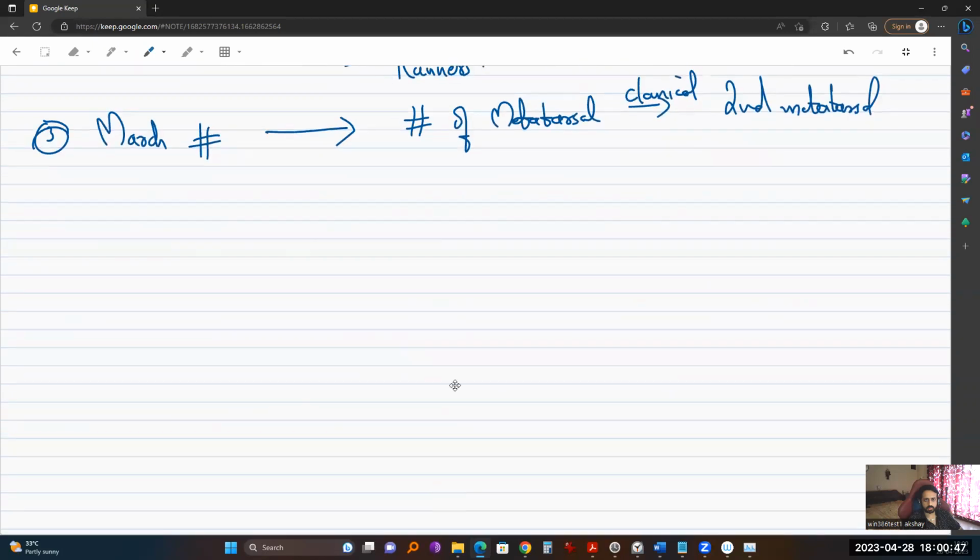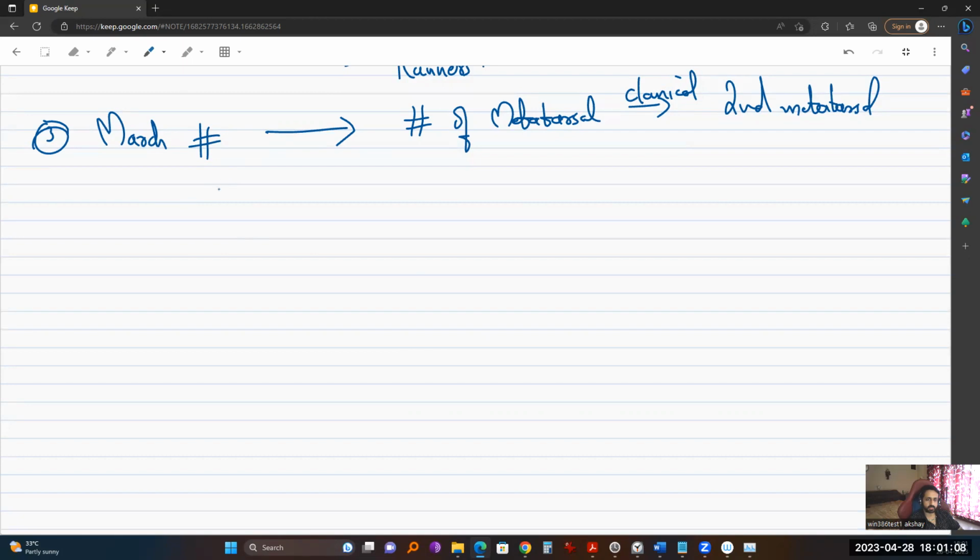So now let's see which fractures heal well without any complication, and that too without any intervention, with conservative treatment.